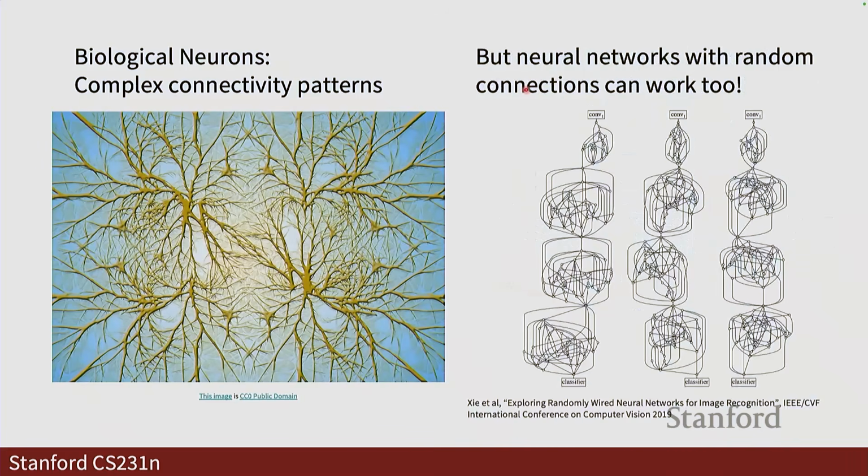Although there has been research creating these complex neural networks and trying to optimize, but again, in terms of results, they are almost comparable with the regular neural networks that we often build and we'll be talking about in this class.